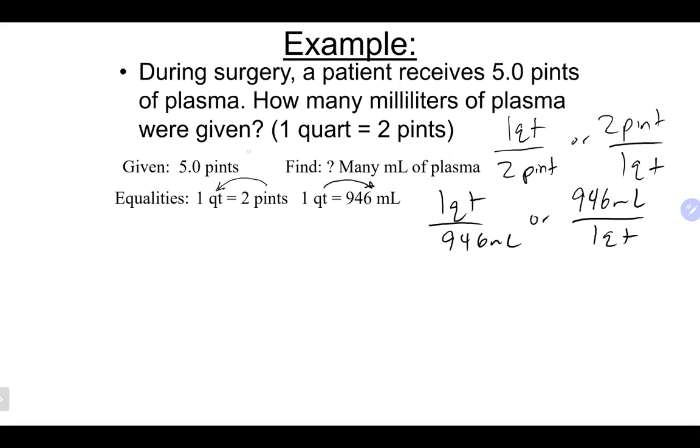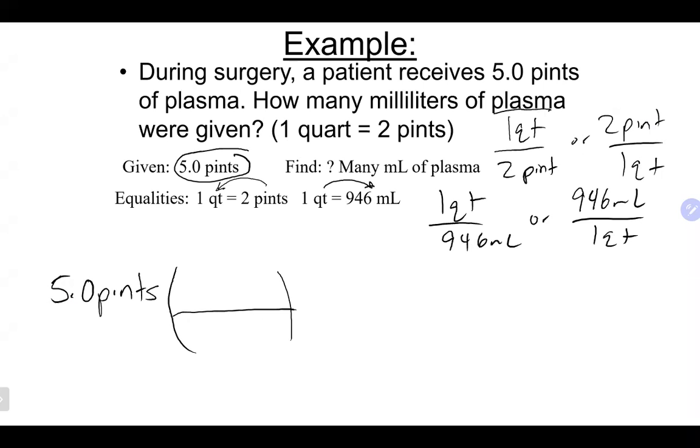So here we are given 5 pints, so that is where we want to start. Again, not written as a fraction, but that should tell us that the units of pints are up on top. So that makes it easy to determine that we should go opposite of that, using the conversion factor over here, which gives us 1 quart up on top and 2 pints.